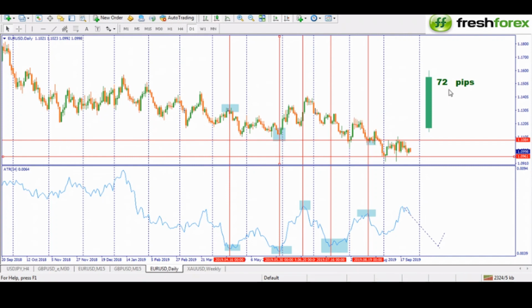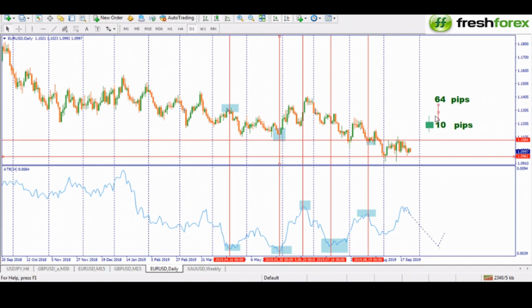Another thing: if your strategy tells you a buy, and you see a very good buy signal, and you realize that the current candle, the one where you want to buy from, has done only 10 pips, and on average it's supposed to do 64 pips, what this simply means is that you have around 54 pips that you can pick from that trade.